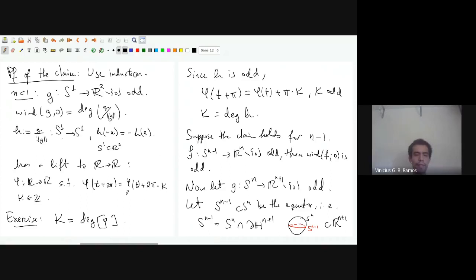If as you go around once, you add a 2 pi k here, then you have to have k images. But of course, I'm claiming that even with the orientation, it's still true, so it's a little bit more subtle. Maybe it's not completely obvious, but it's still a nice exercise. Okay, but is the proof of the induction step clear?